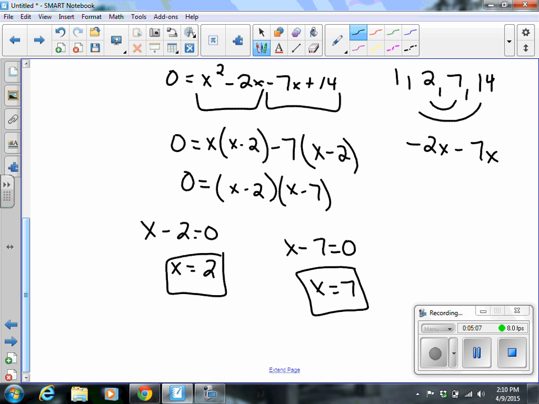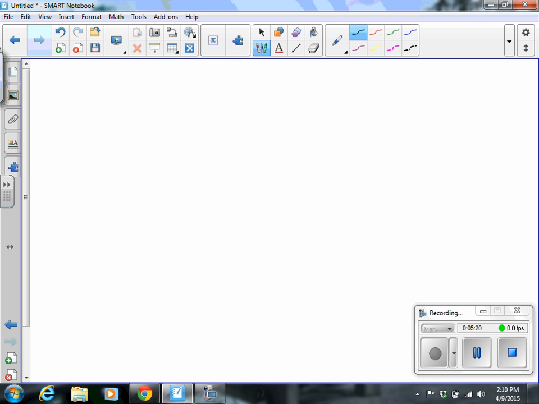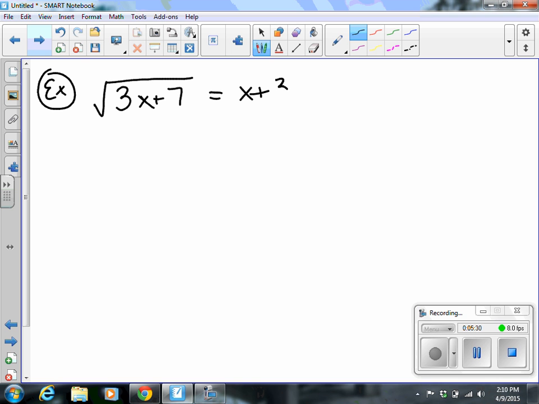Okay, so the overall goal here: the only thing that's really new is the first step. I have to square everything to begin with. Okay, so for you guys, I have the square root of 3x plus 7 equals x plus 3.